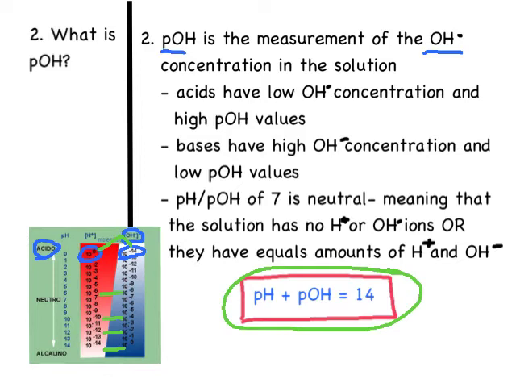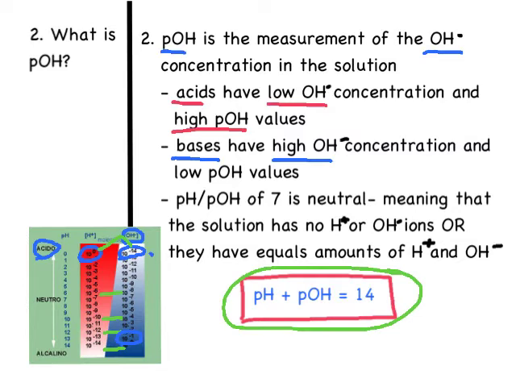Again, pOH measures the hydroxide ion concentration in the solution. So acids are going to have low hydroxide ion concentrations, and if we take their pOH values, their pOH will be high. Bases, on the other hand, are going to have very high hydroxide ion concentrations. If we see down here, for number 13, 10 to the negative 1 is a much bigger number than 10 to the negative 14 that we saw up here.